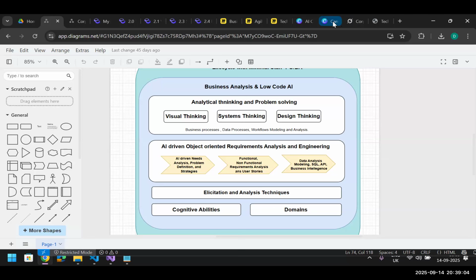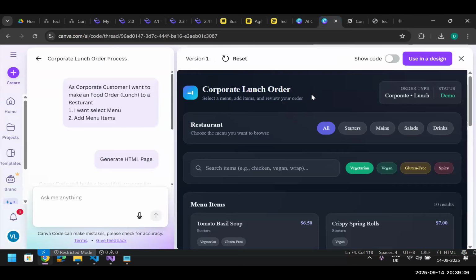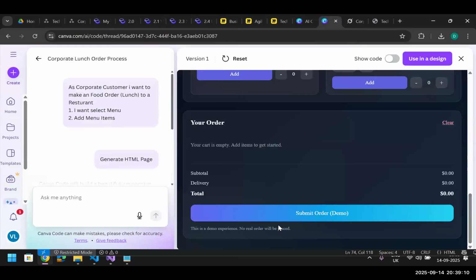Just now I showed this, right? This is just an interface, the front end. If you click order, it says, hey, this is a demo, not real. No order will be placed. But definitely we can develop this. If the user clicks the submit button, it will connect to an API.